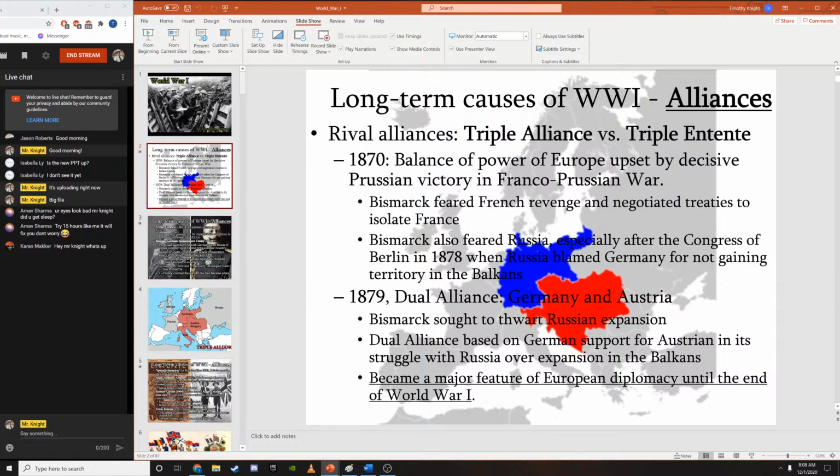So now, thanks to not renegotiating that treaty with Russia, Germany is now faced with having to tie itself closer to its only ally, Austria, and Italy, I guess, okay, but mostly Austria.